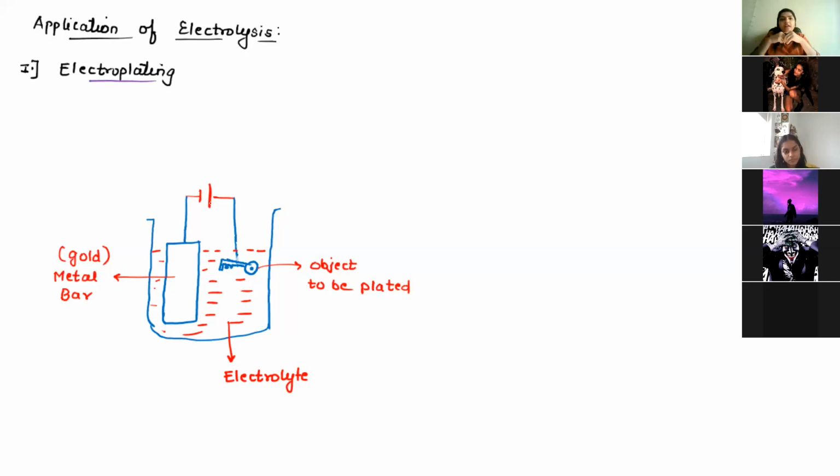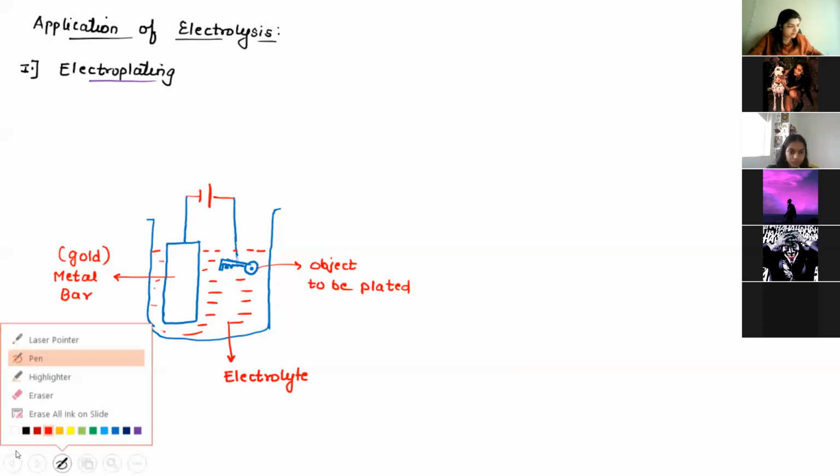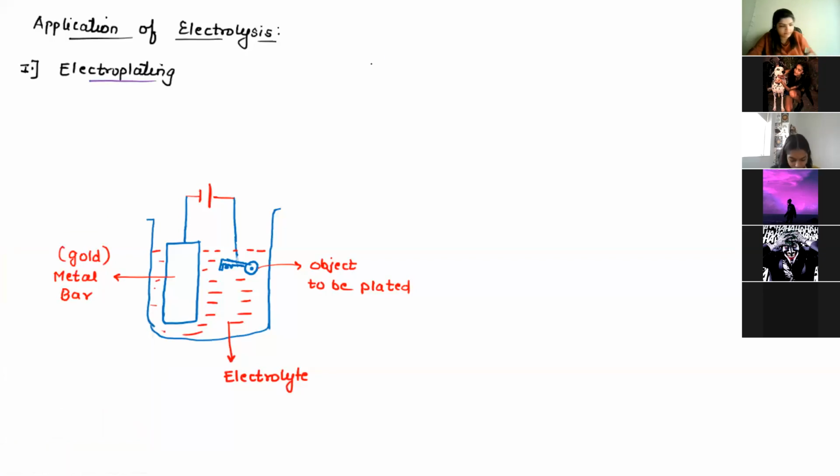Which type of ions will the metal make? Metal generally undergoes dash electrons.